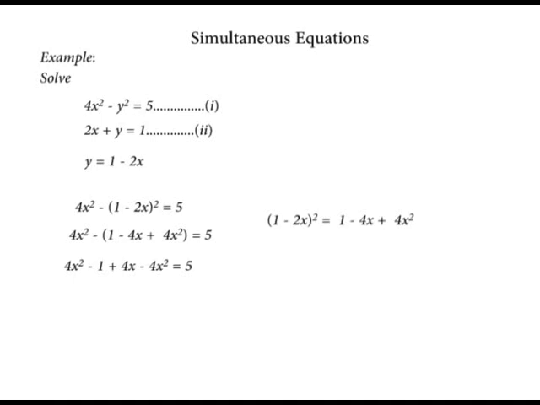Minus times minus 4x is plus 4x. Minus times plus 4x squared is minus 4x squared, and that is equal to 5. So we get minus 1 plus 4x is equal to 5. 4x is 6 and x is equal to 3 over 2.